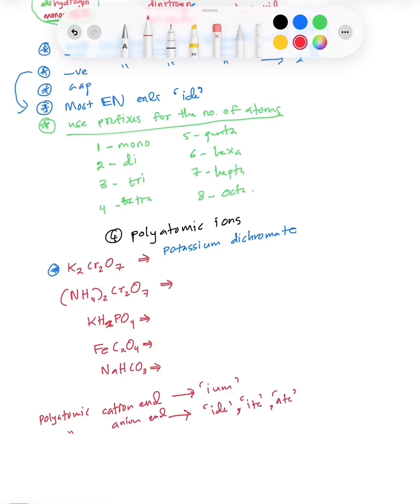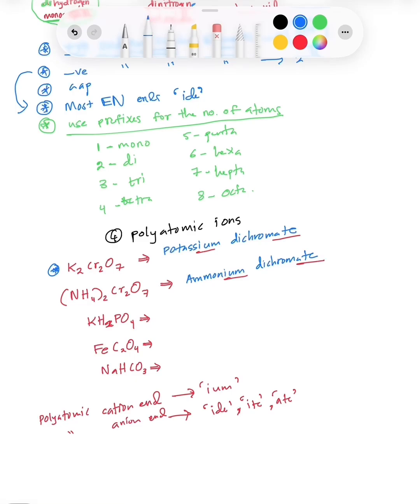Okay, one among these, -ide or -ate. See here, potassium dichromate. Likewise, this is ammonium dichromate. Here also the cation is ending with -ium, and the anion is ending with -ate.